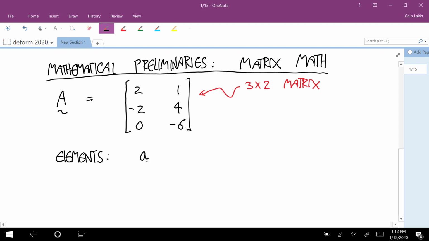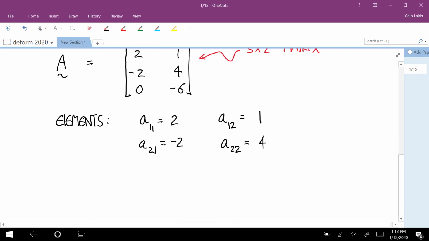So for example, element 1, 1 is 2. Element 1, 2 is 1. Element 2, 1 is -2. 2, 2 is 4. 3, 1 is 0. And 3, 2 is -6.